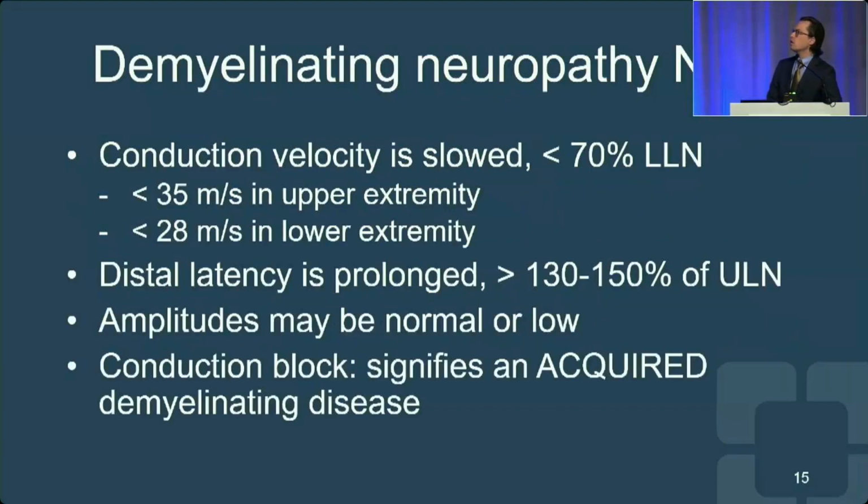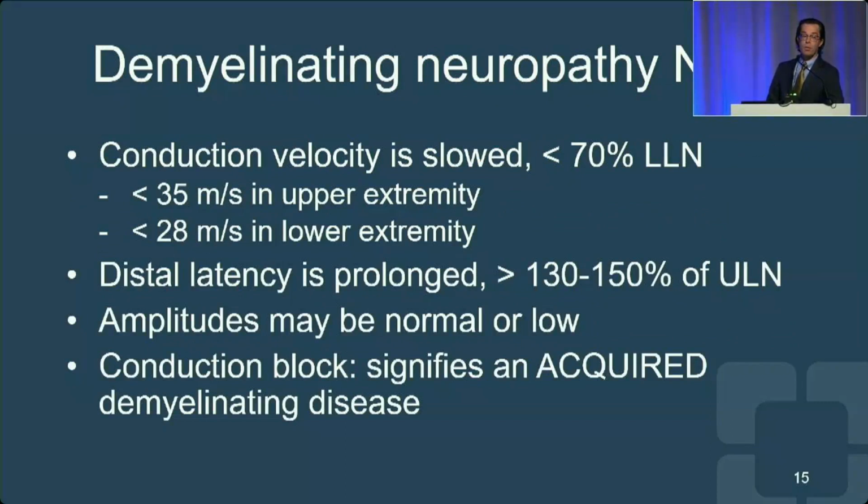Demyelinating neuropathies, conversely, what you'll see is the conduction velocity is slowed and it's less than 70% of the lower limit of normal. So typically in the upper extremity, that's conduction velocities of less than 34, 35. In the lower extremity, that's conduction velocities of less than 28 meters per second. And their distal motor latency is significantly prolonged, usually more than 130 and often more than 150% of the upper limit of normal.